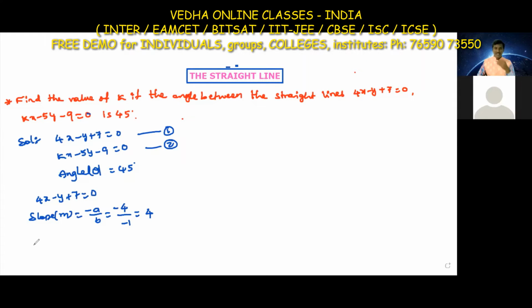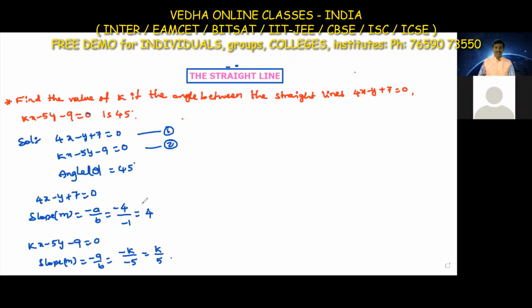Now I am taking equation 2, kx minus 5y minus 9 equal to 0, the second equation. Now I am finding the slope. Slope m is equal to minus a by b, minus x coefficient divided by y coefficient, which is equal to k divided by 5.